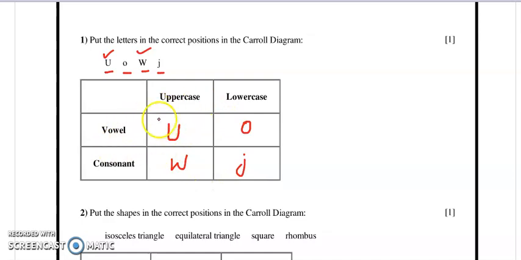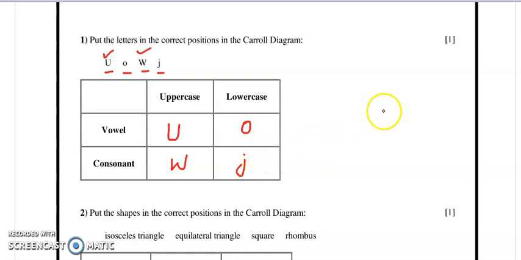Now one can easily know, looking at these, which letters are vowels and which letters are consonants, and we can also easily differentiate between uppercase and lowercase by looking at this Carroll diagram. So this is how, when we put things in the Carroll diagram, it makes the study of the data easy for us.